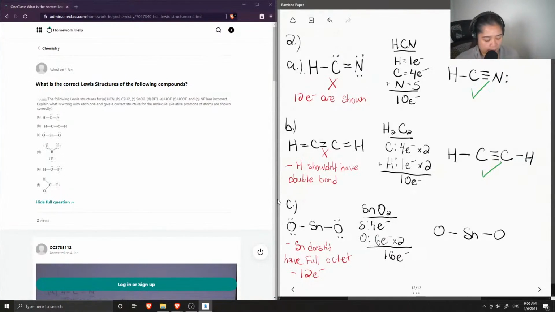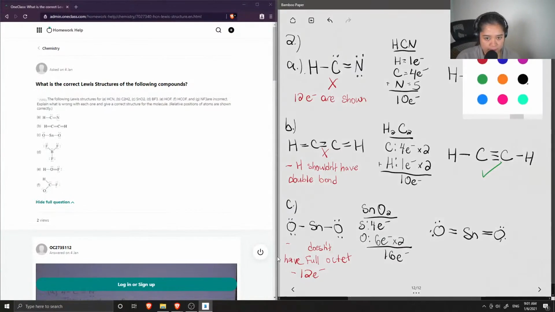So let's try to write the correct one on the right. For tin to have a full octet, I'll draw these oxygens as double bonds instead, and then just write down the remaining lone pairs. In the old molecule, both of them don't have a full octet.